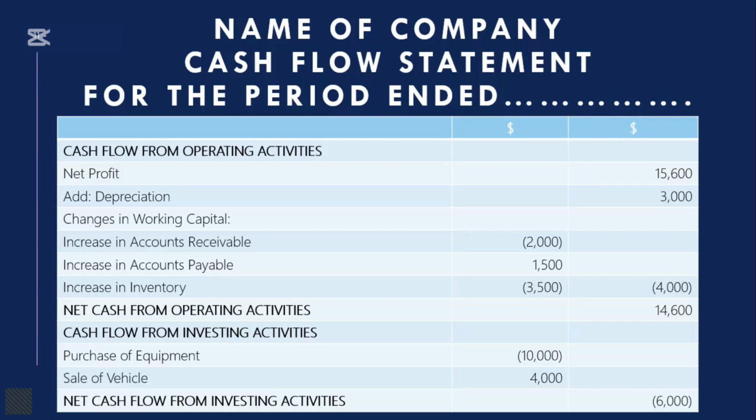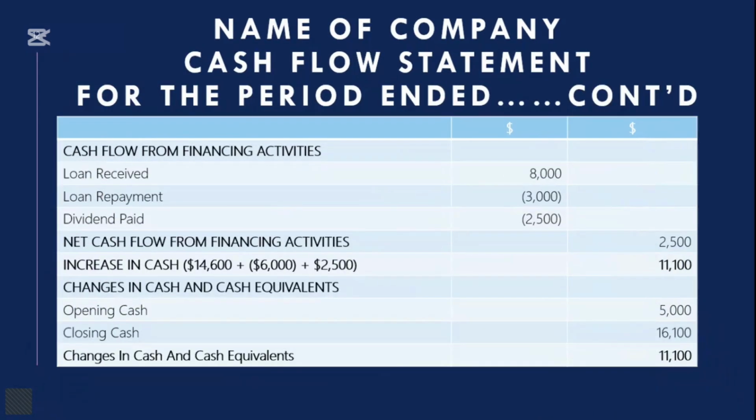Then when we take a look at our cash flow from investing activities, the purchase of equipment of 10,000 will be negative. Then our sale of our vehicle of 4,000 will be positive, giving us a net cash flow from investing activities of negative $6,000. We continue with the cash flow statement now with our cash flow from financing activities.